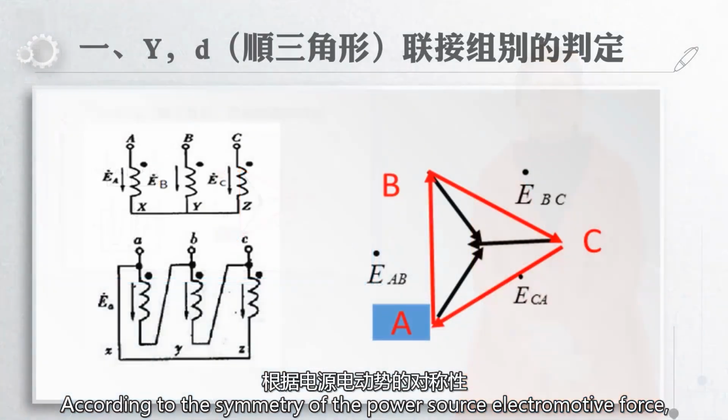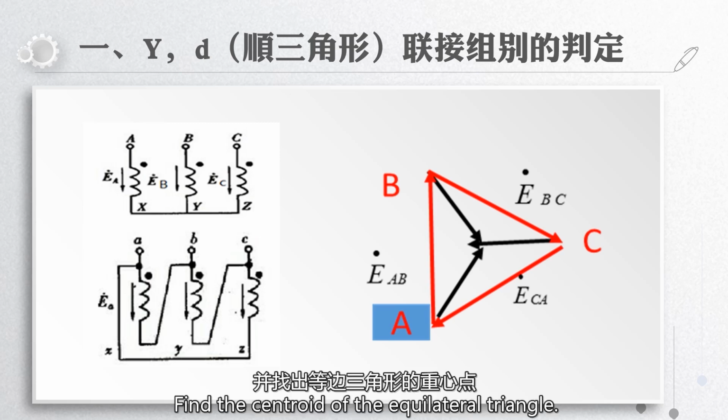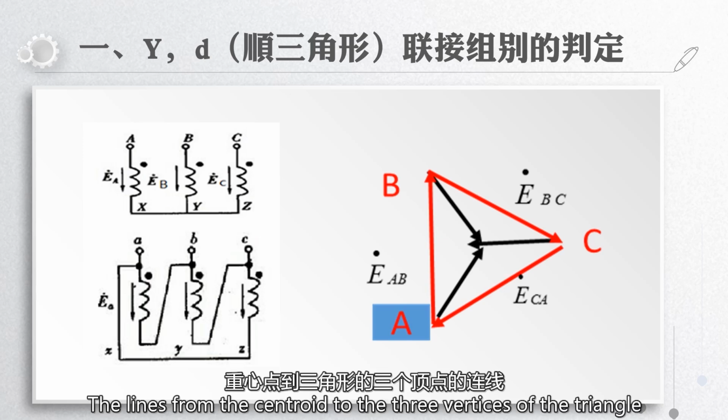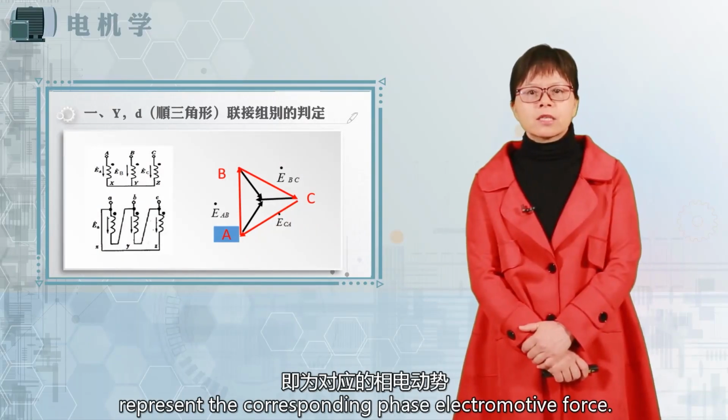According to the symmetry of the power source electromotive force, first draw an equilateral triangle. Find the centroid of the equilateral triangle. The lines from the centroid to the three vertices of the triangle represent the corresponding phase electromotive force.